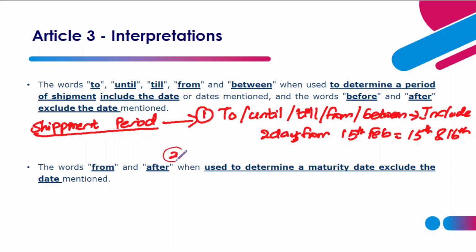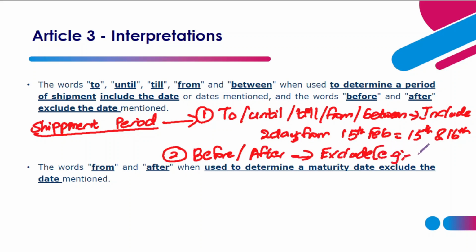But if in case the shipment period is referred to in the terms before or after, then the date mentioned is excluded. What do you mean? Again, let's go to the example.